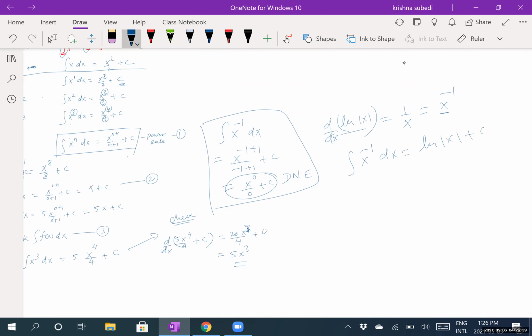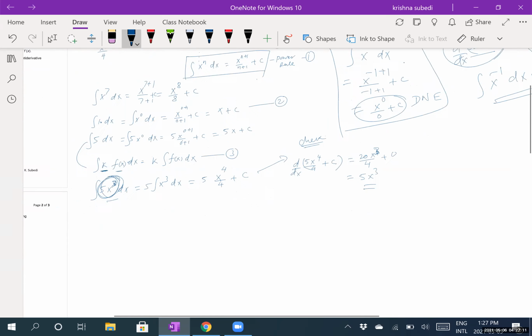That's the reason, you see. So this is formula number 4 now. This power rule works for every real value of n except n equals negative 1. Just keep in mind, it works for every value of n except one value, which is negative 1. So if n is negative 1, then we have another formula here.